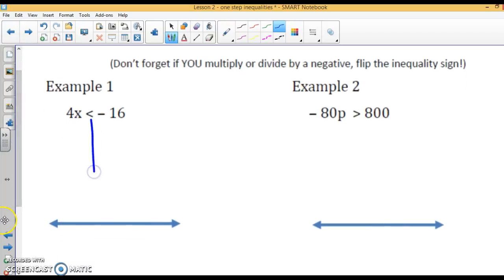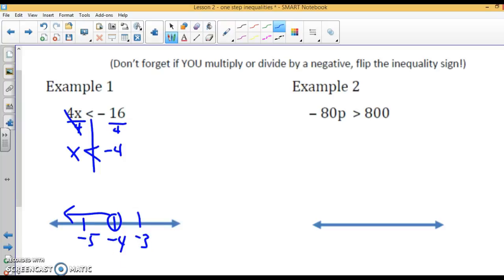So, solving this one, I'm going to divide both sides by positive 4. So I get x is, I do not switch my inequality because I divided by a positive. You only switch it when you multiply or divide by a negative. So this will be x is less than negative 4. So again, my graph, open circle, shaded left, because there's no equal to, and less than goes to the left.